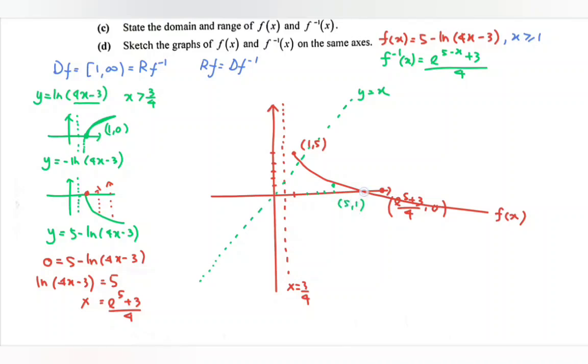Next, based on the situation given in here, we have 0, so it must be something over here. Next, x equals 3 over 4, we will change it to y equals 3 over 4. So the graph will be something like this.